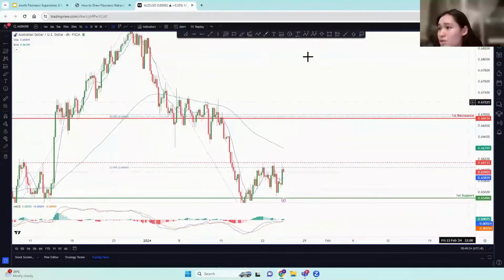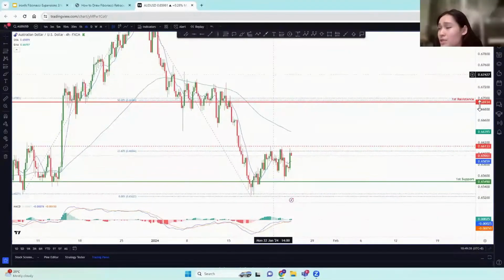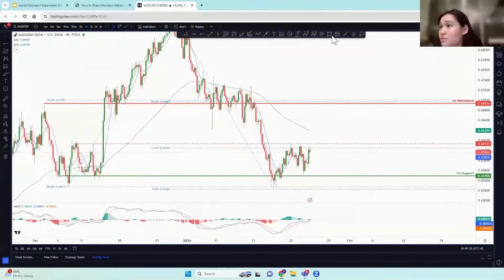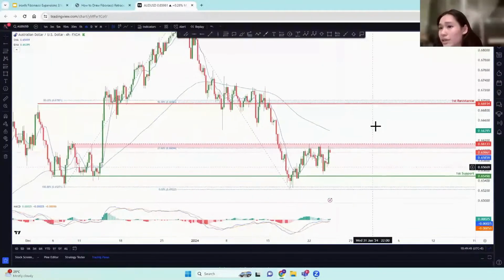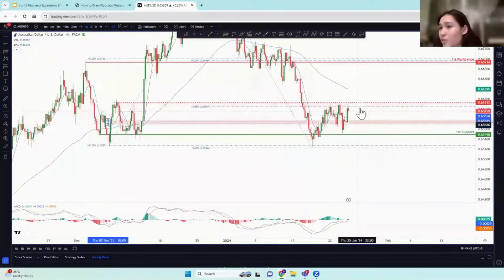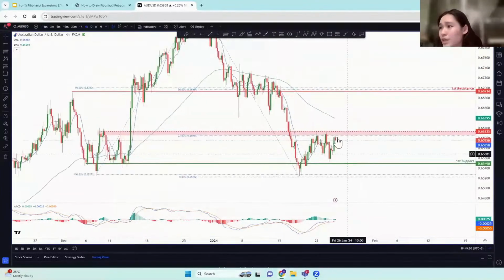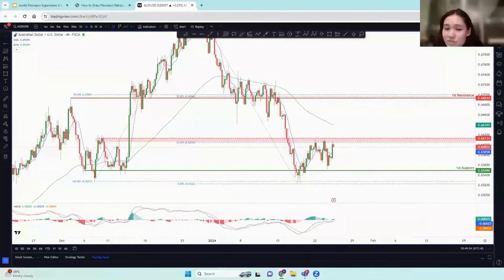For this, we might see some resistance here. But ultimately, there is quite a bit of upward pressure that could push it past this resistance level towards our first resistance.